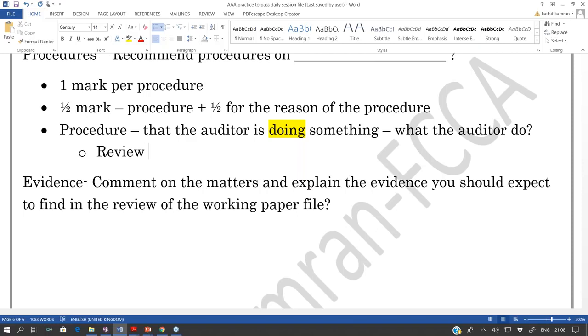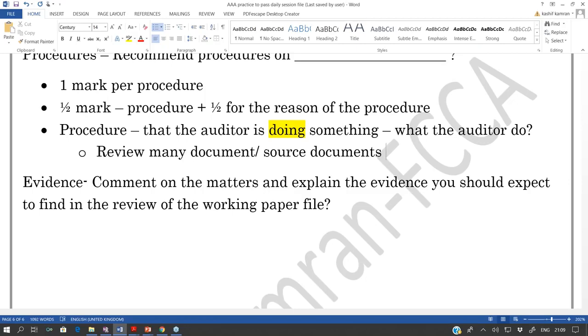The auditor reviews many source documents, like the auditor reviews the board minutes, the loan agreements, the lease agreement, or the invoices. So the auditor reviews many source documents, right? That's the first thing the auditor is doing when he's on the field work.